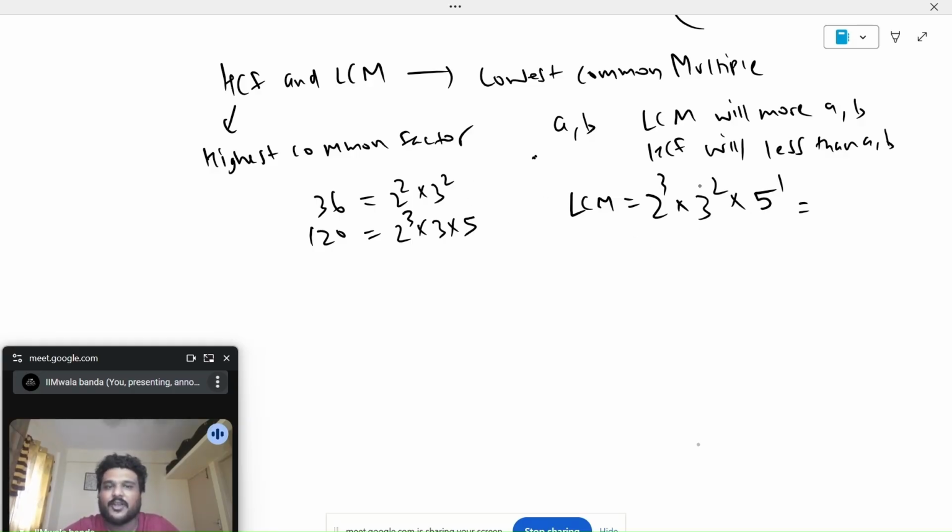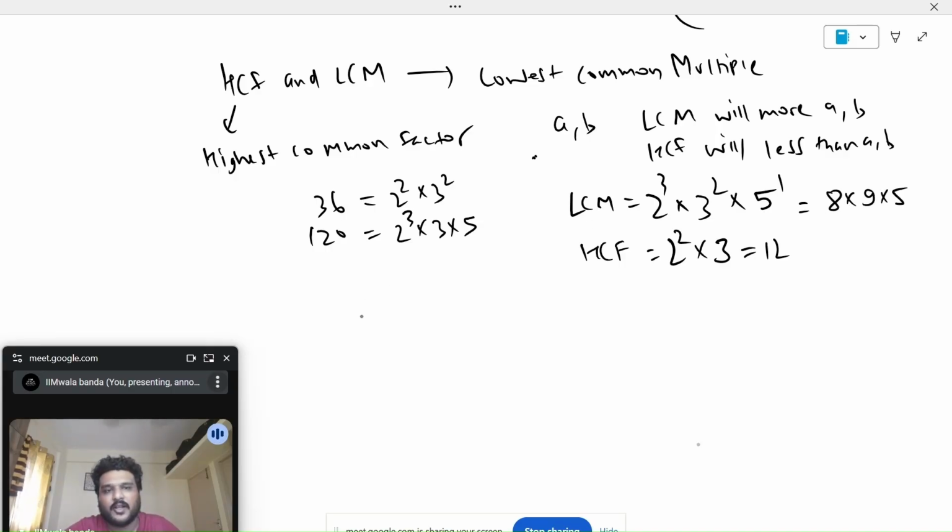Correct? So this is your LCM. For HCF, take the lowest power which is common. So 2 square is common, 3 to the power 1 is common, 5 not common, so nothing, right? So this is 3 into 4, 12, which is the HCF, and the LCM is 8 into 9 into 5.